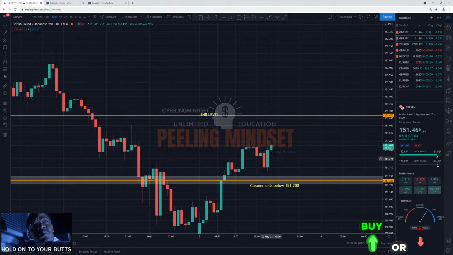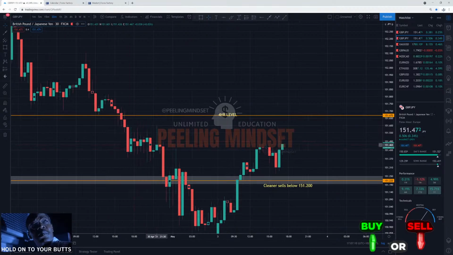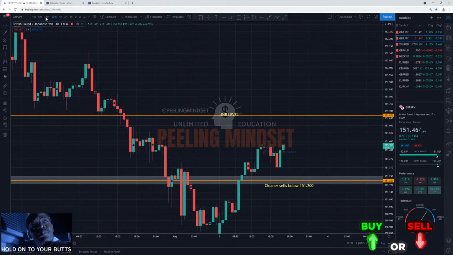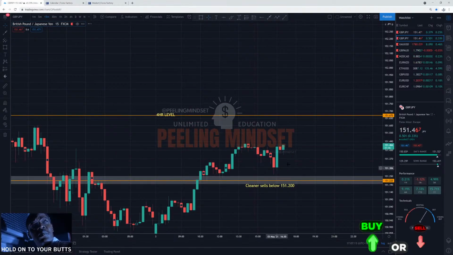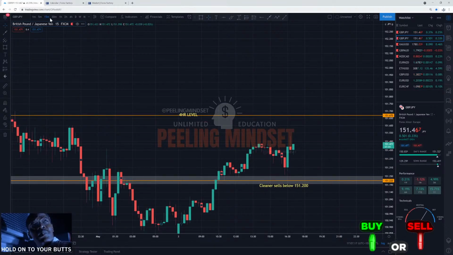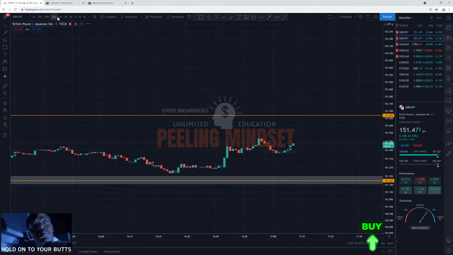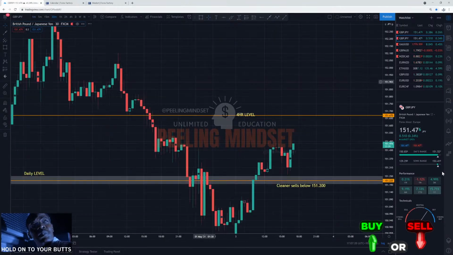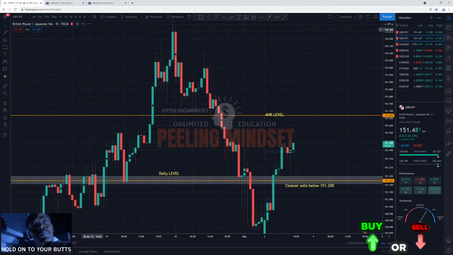The current 30-minute candle has made its lower wick, and there's no cleaner traffic here, so I wouldn't take buys. I would take nothing in pound yen here. Pound yen looks ugly. Ugly, ugly pound yen.